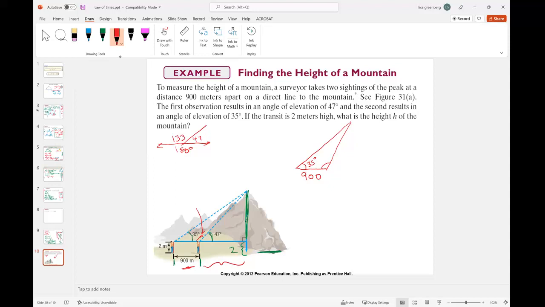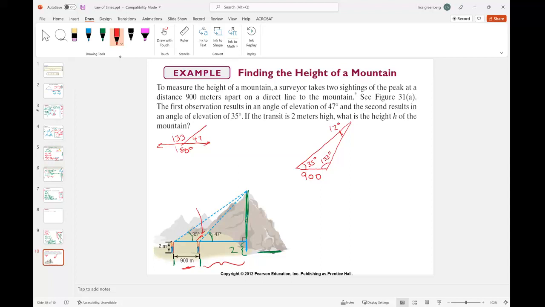So I know now this angle is 133 degrees. And if I add those up, I have 168, so this up here is 12 degrees, right?